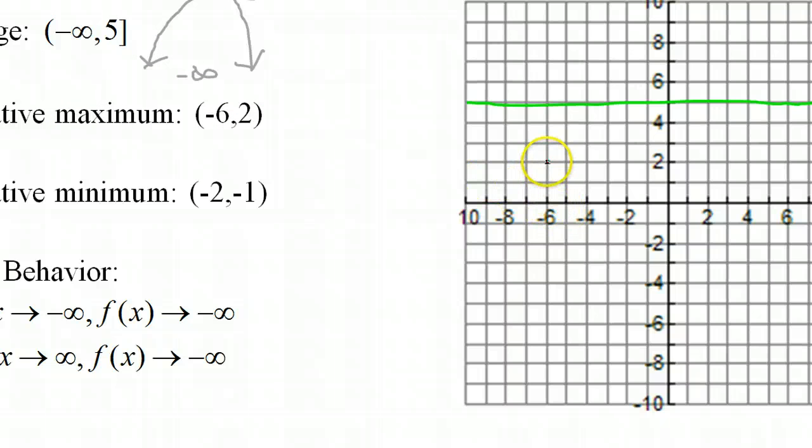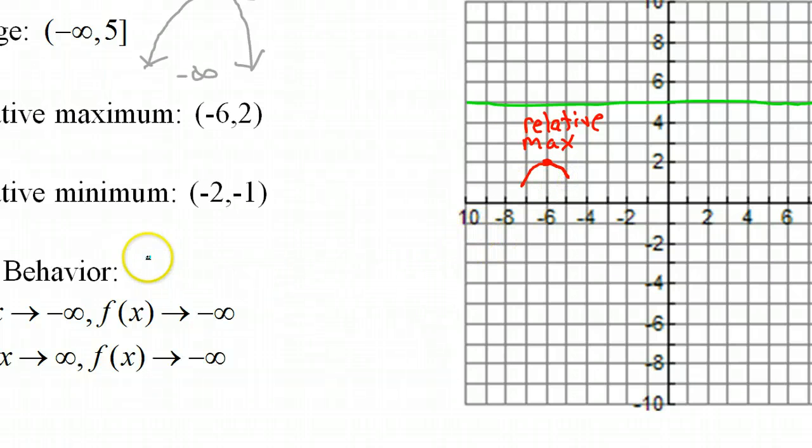So negative 6, comma 2 would be right here. This is supposed to be a relative max. So this should be like the top of its own little hill. Alright, I didn't do a great job on that. Let's see if I can do a little bit better. I said this should be the top of its own little hill.